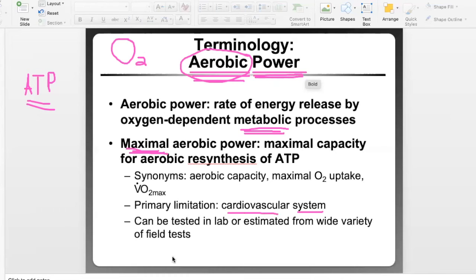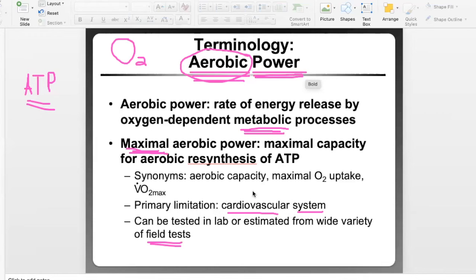Aerobic power can be tested in the lab. There are a number of different field tests that we can utilize, but we're not going to be measuring aerobic power in our labs. What we will be doing is an assessment of VO2 max, the amount of oxygen that you can breathe in at any particular time. That's going to be an indicator of our cardiovascular fitness.